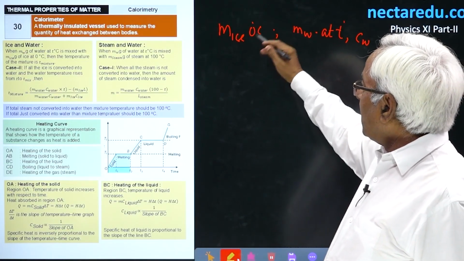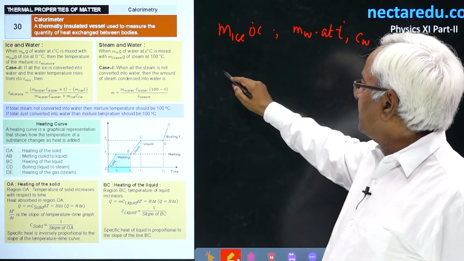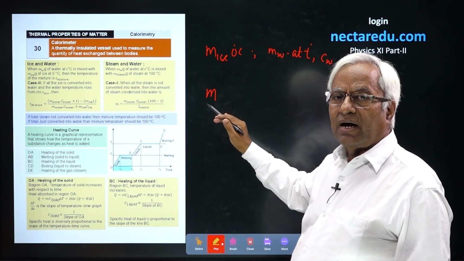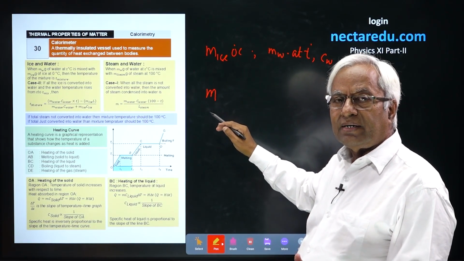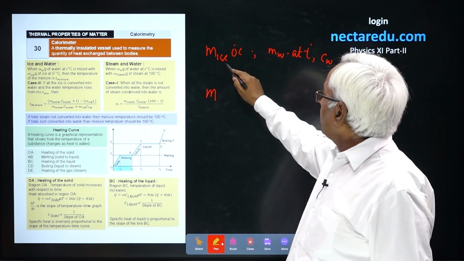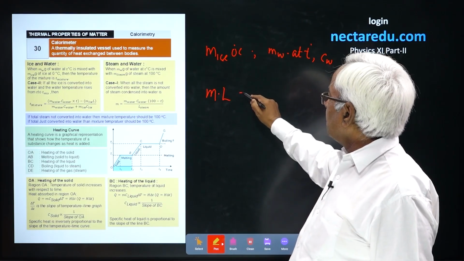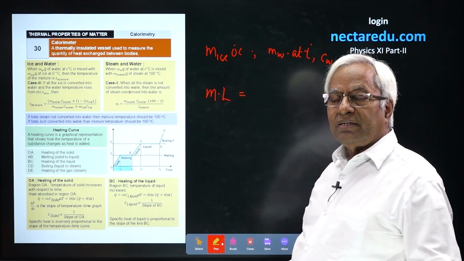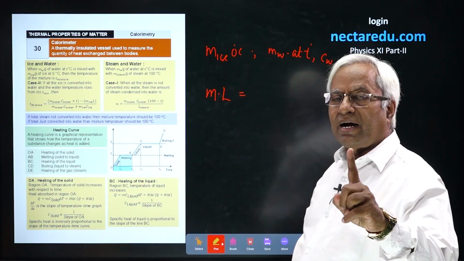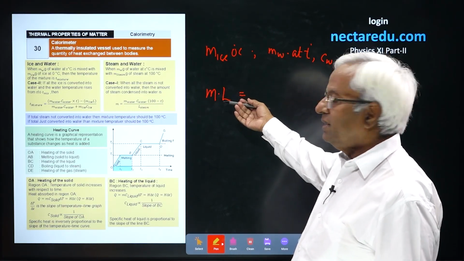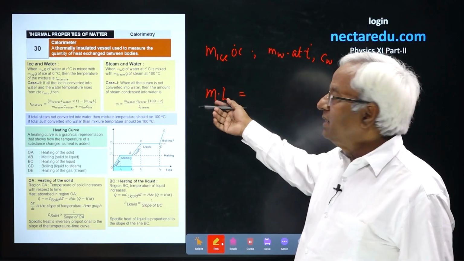Suppose the ice that has melted is m. So, when this m mass of ice melts, it will require the heat mL. Mind, only m mass of the ice has melted. So, heat required is m into L, L being the latent heat of ice.